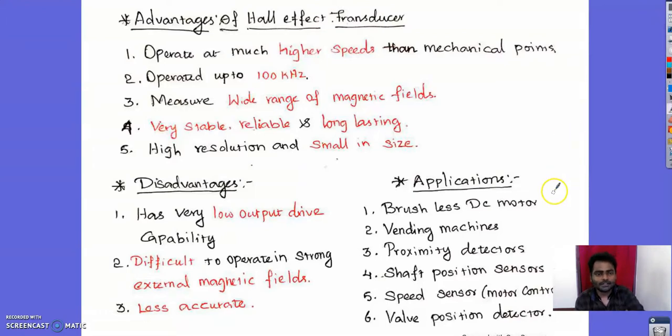Coming to applications, it is used in brushless DC motors, for finding the speed, and in vending machines, proximity detectors, shaft position sensors, speed sensors and motor control. For speed sensing, that is to control the speed of a motor, the Hall effect transducer is used, and also in valve position detectors. These are some of the applications of the Hall effect transducer.